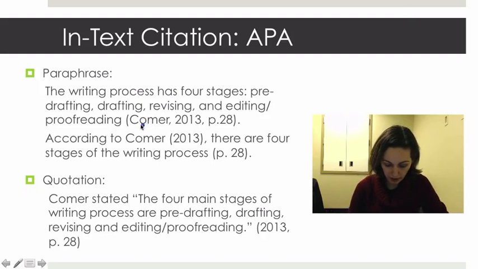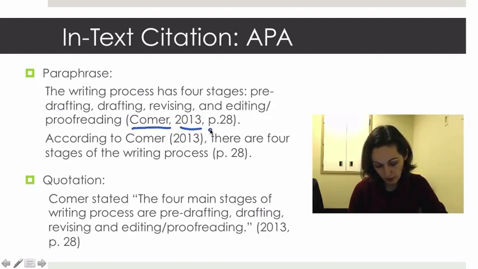If you're paraphrasing, for example, after you say what you're going to say, you have a parenthesis with the author's name, a comma, the date, a comma, and the page number where this information is coming from, preceded by "p." Or you can divide that information.